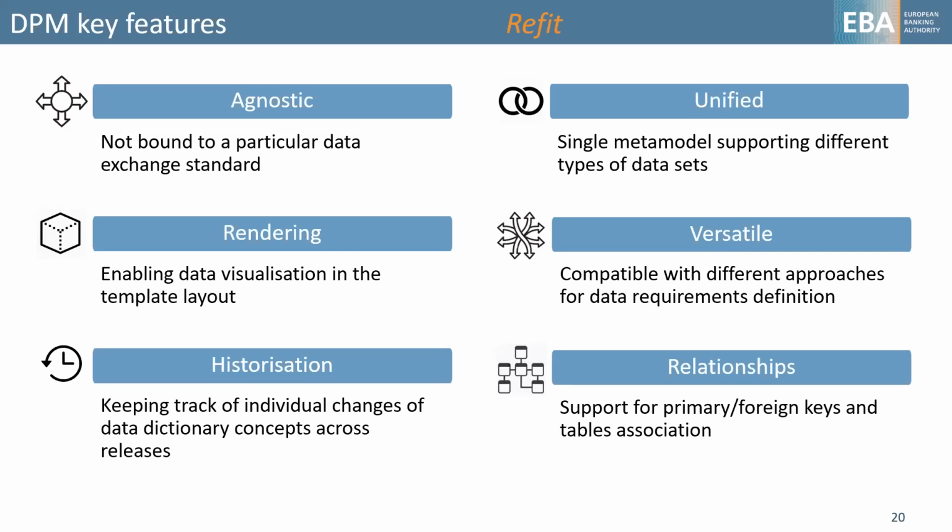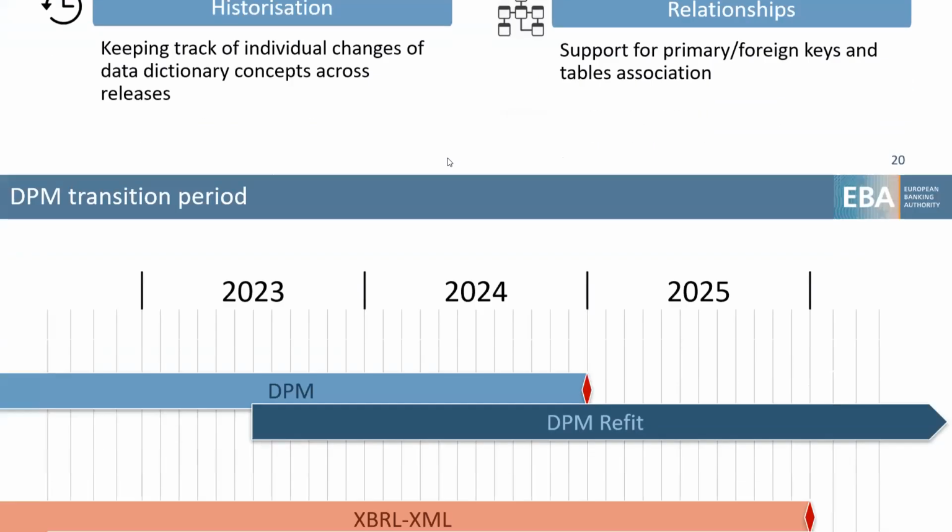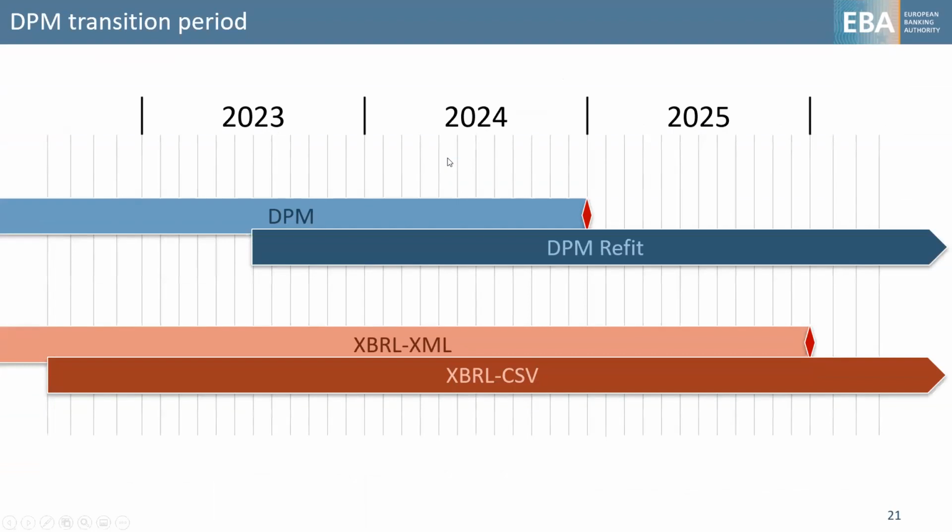In other cases, we may be talking more about cubes, more granular data. So all of this should be possible to be covered in the DPM refit, and relationships to support the primary keys, foreign keys are also part of the model.